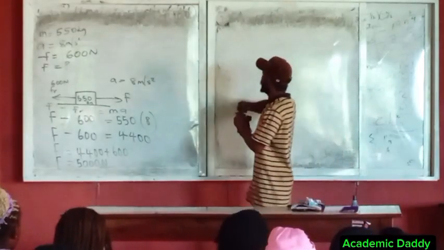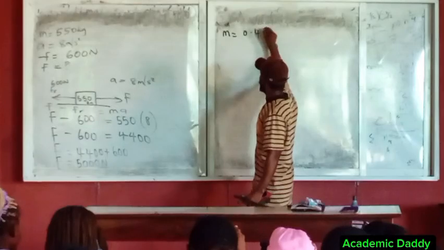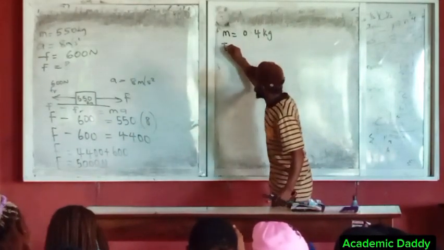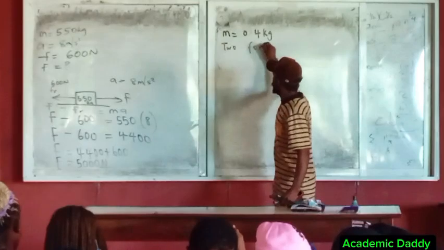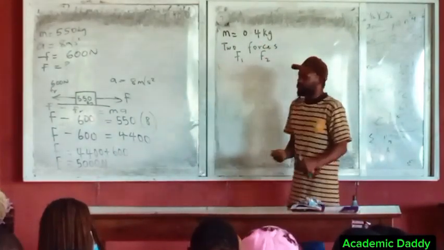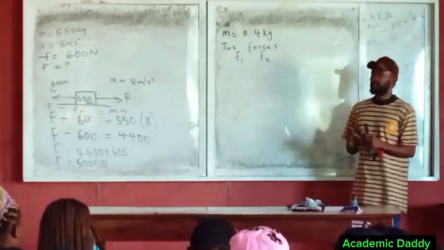A particle of mass 0.4 kg is acted on by two forces, F1 and F2. Let's say it's not friction, just two forces.